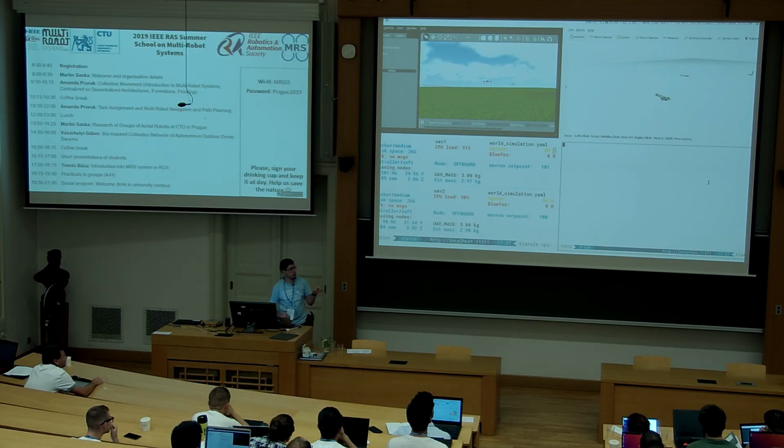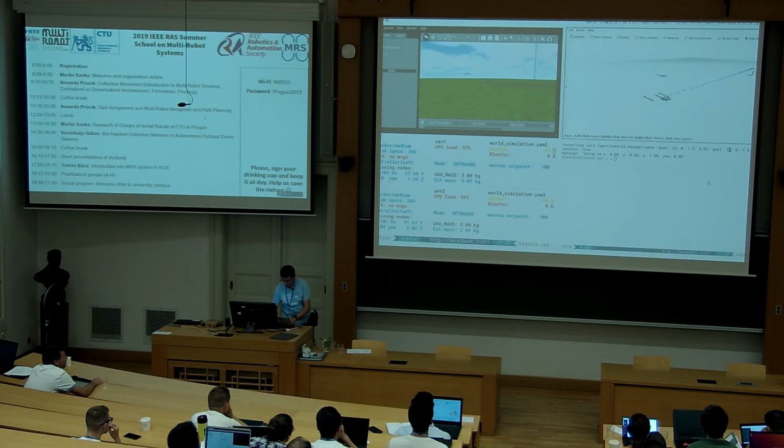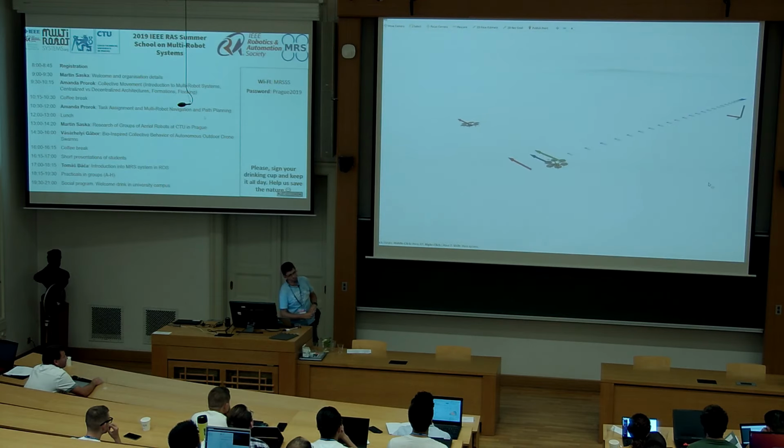I'll send drone number 1, which is the one on the left-hand side, to our favorite 0, 0. Now you can see the predicted trajectory from the tracker, which is basically the drone's future path, plotted in ROS.